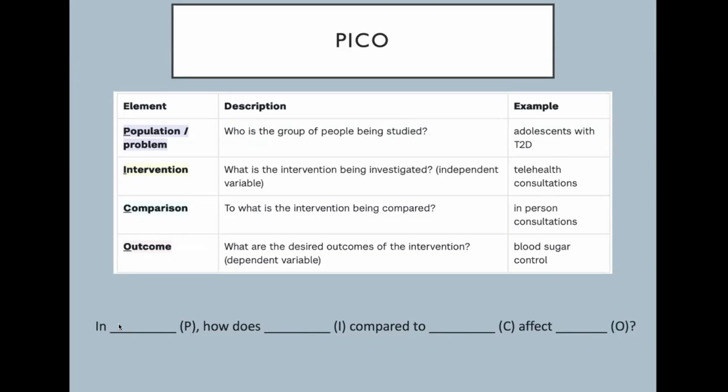So in total, the PICO question that you're going to formulate is, in adolescents with type 2 diabetes, how do telehealth consultations compared to in-person consultations affect blood sugar control? That's a solid answerable question that you can tackle by looking at current literature and previously published studies, and then go on to answer in various methods that we'll talk about.